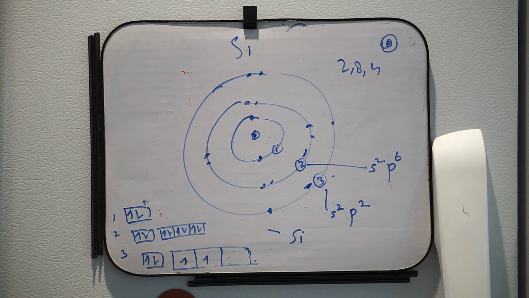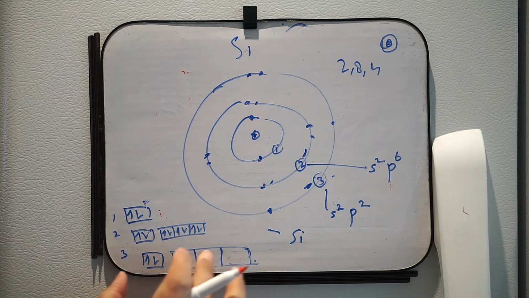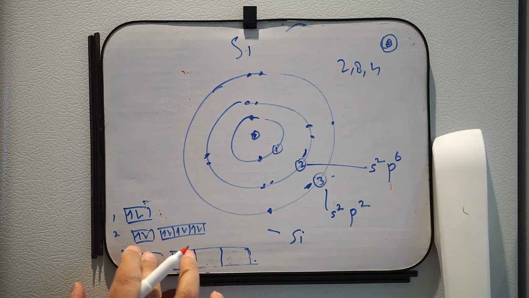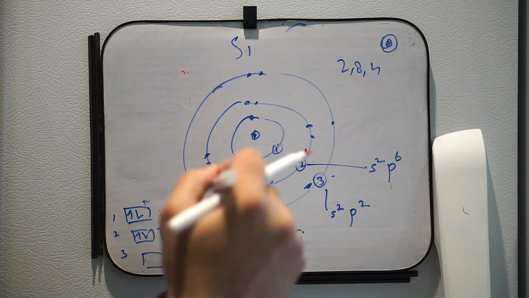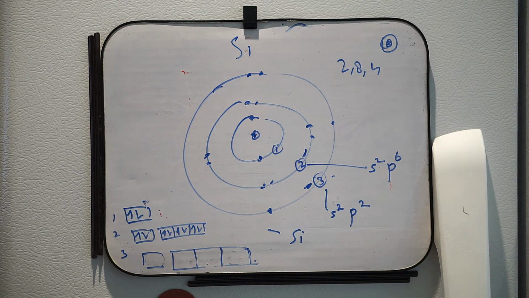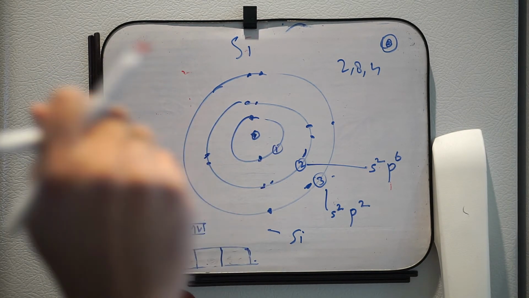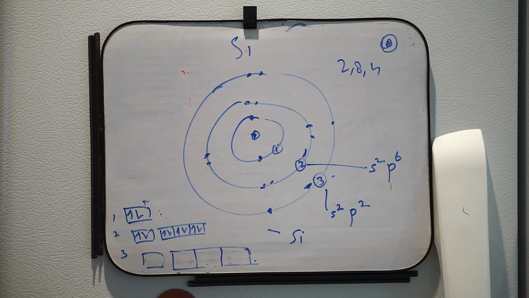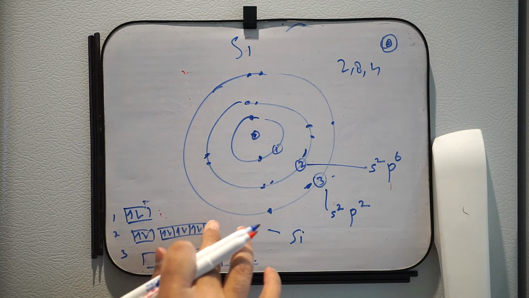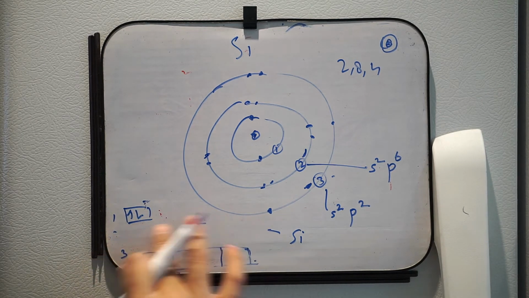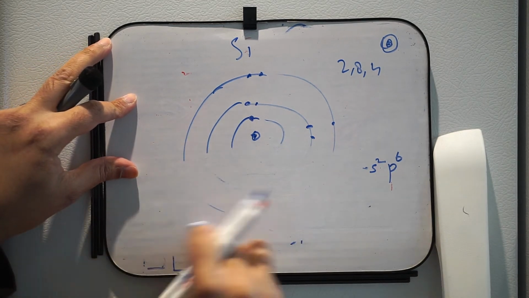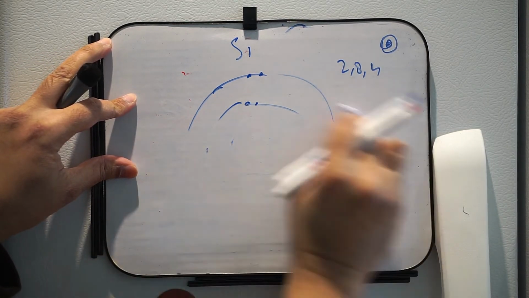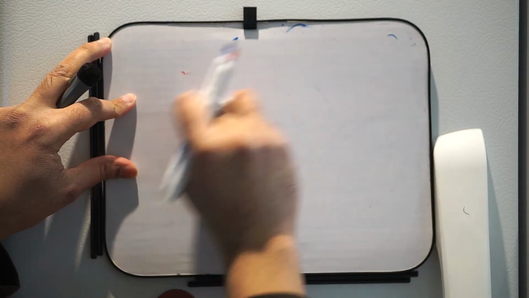Or if it can find something that wants all electrons, it'll just give all 4 electrons to make the other element stable. And that's the basis of chemical bonding. And silicon is the elder brother of carbon. Carbon has the same properties, in the same family as silicon. If we were to look at carbon, carbon has a similar structure. It's got 2 in the s orbital and 2 in the p orbital.